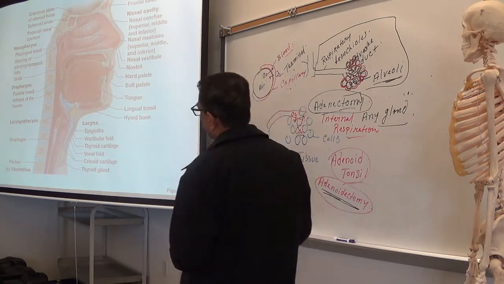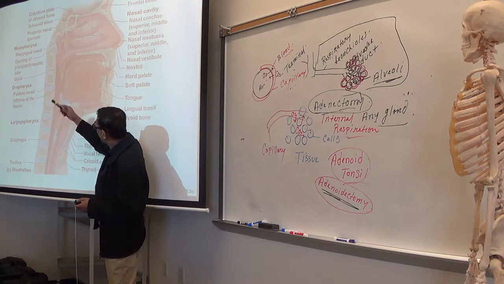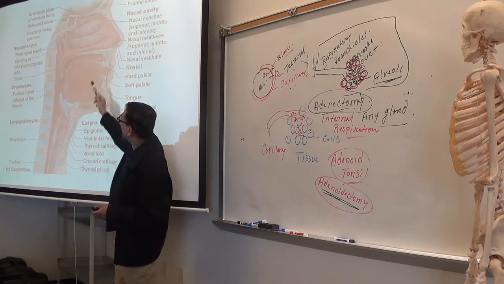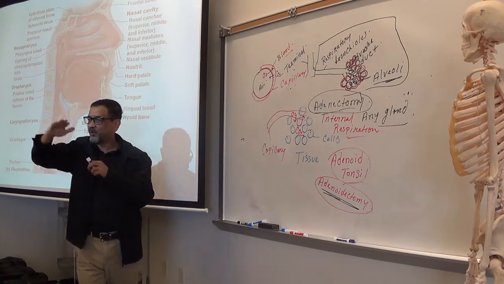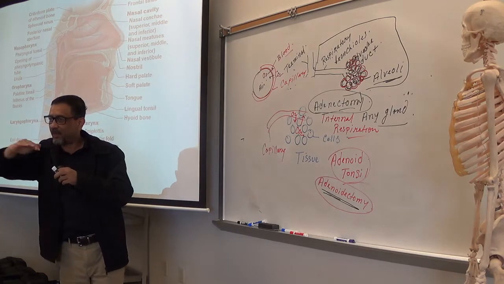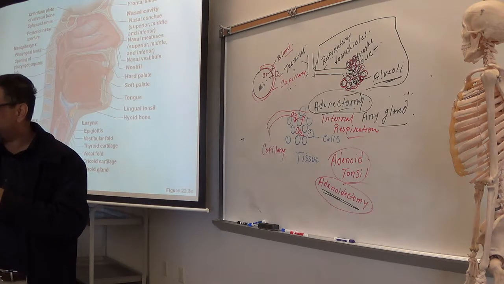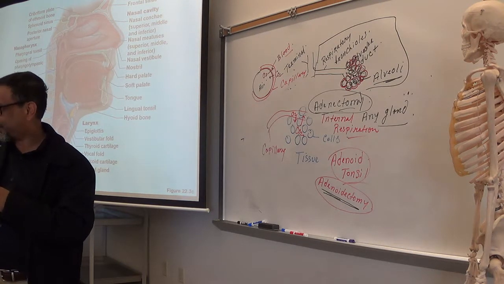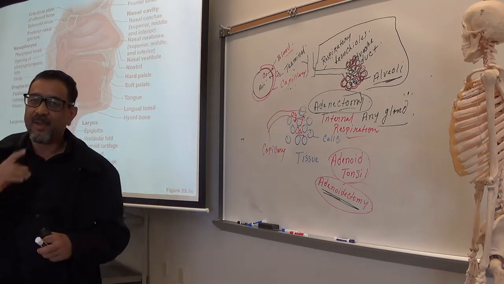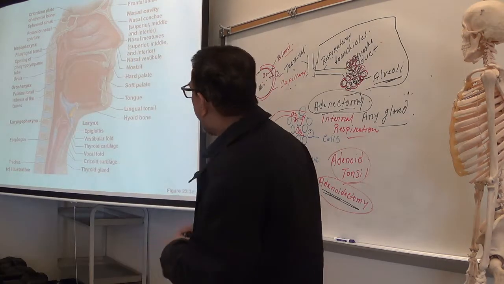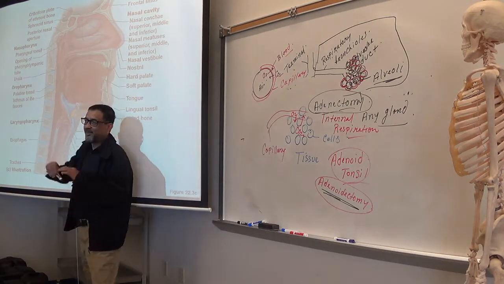Okay, now let's see. This is the epiglottis. Let's quickly go over. Inside the nasal cavity, you have those structures called concha: superior, middle, inferior, right? Separated by what? Meatus. Superior, middle, inferior meatus, in between the concha. And the concha, I didn't mention that.